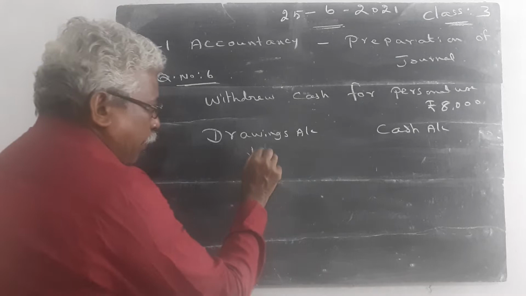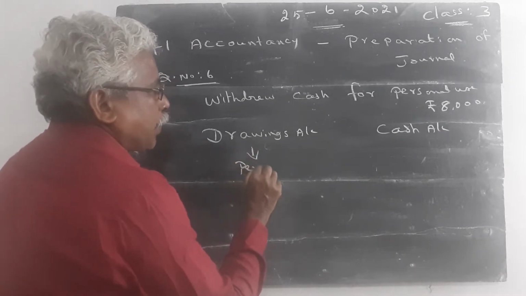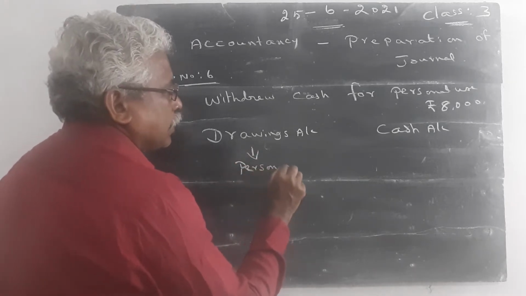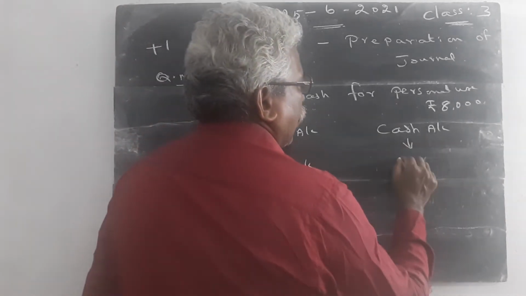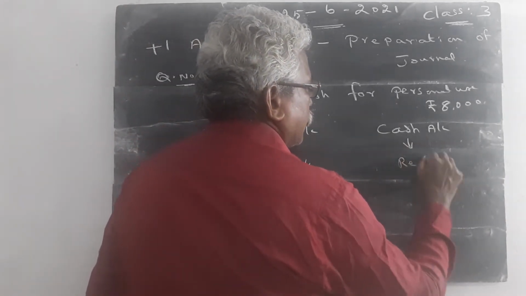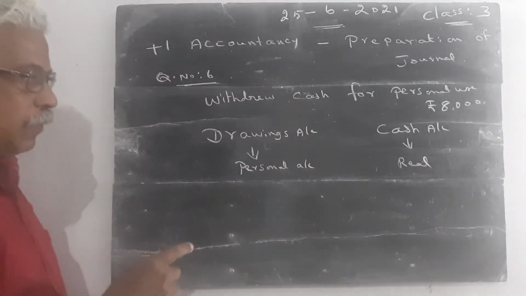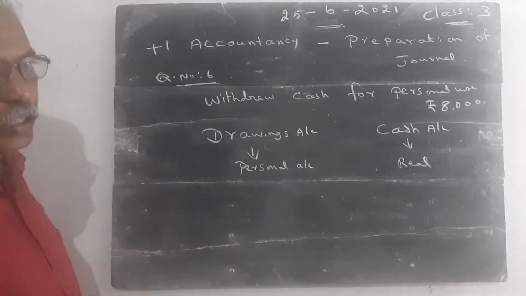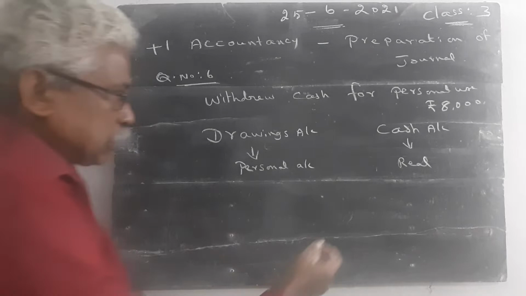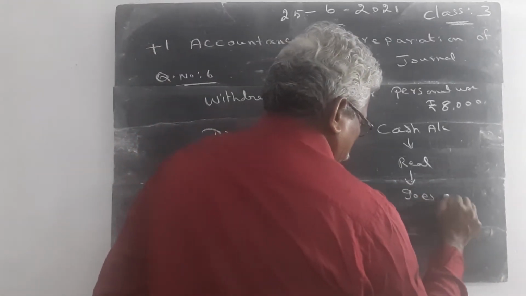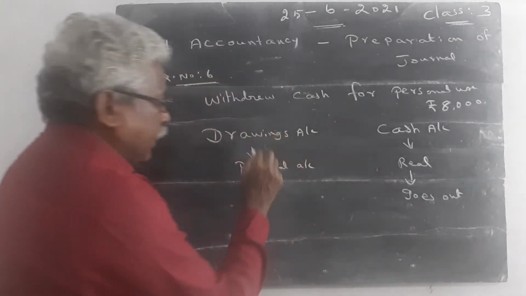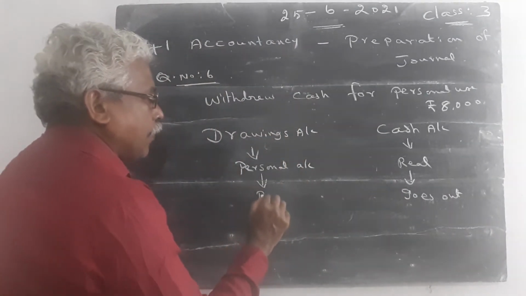Drawing is a personal account because the proprietor withdraws the money. Cash is a real account. When we withdraw money for personal use, cash goes out. The proprietor is the receiver.